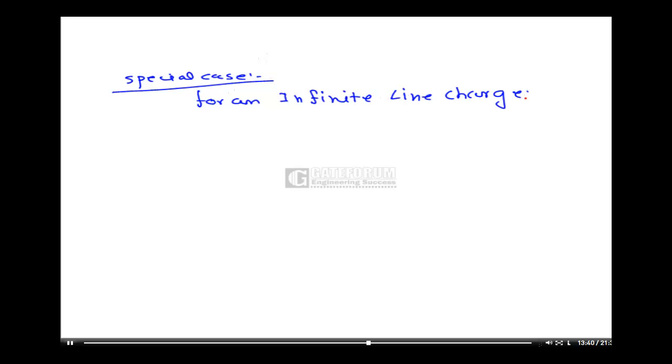So now we will consider a special case. What is that special case? It is an infinite line charge. If it is a finite line charge, we have to follow the conventional procedure. But generally there are special cases for an infinite line charge, which means point A is at 0 0 minus infinity, point B is at 0 0 infinity.